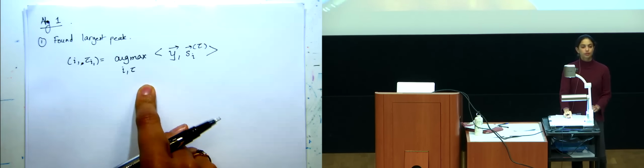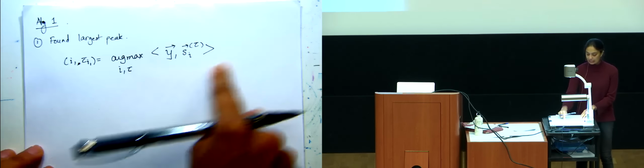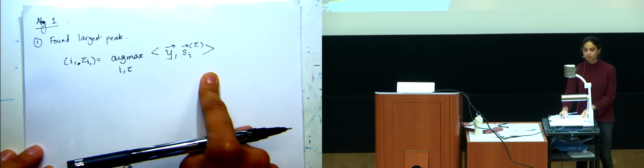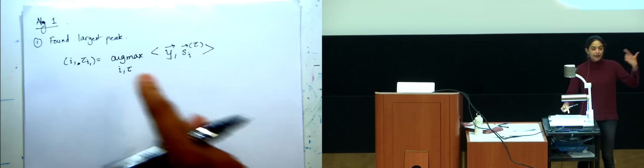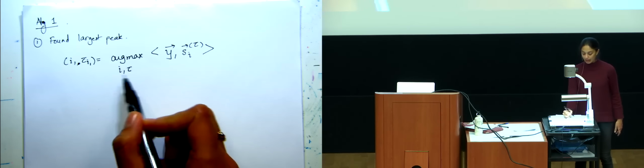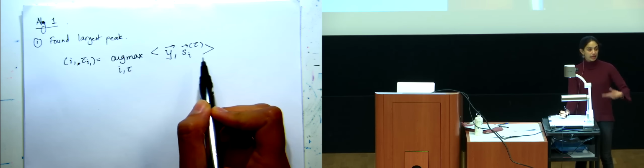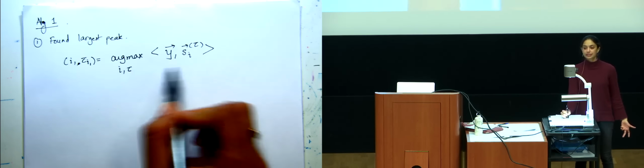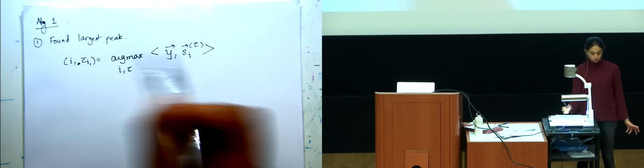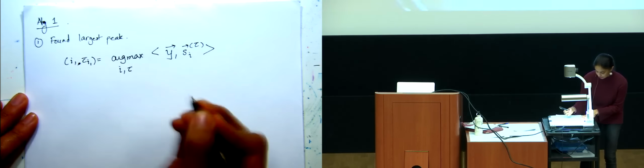Right? So what does argmax mean? Find that variable that maximizes this expression. Find the argument. So i and tau here are arguments or variables. We're searching over all i's and tau's and finding that i, that device and that shift that maximizes this inner product, right? That's what's happening here. Find that largest peak. And then we say, this gives us tau.